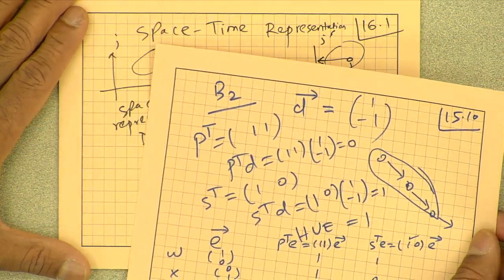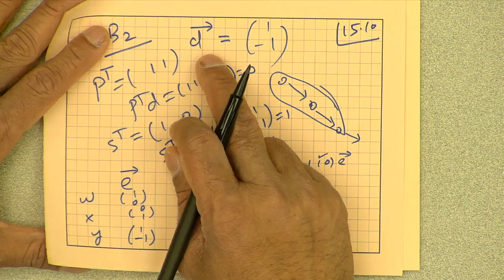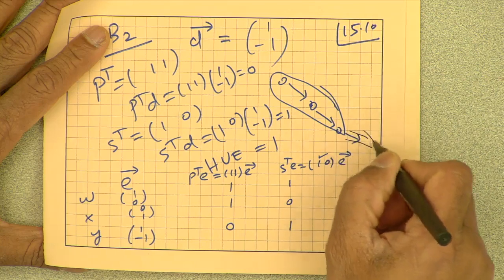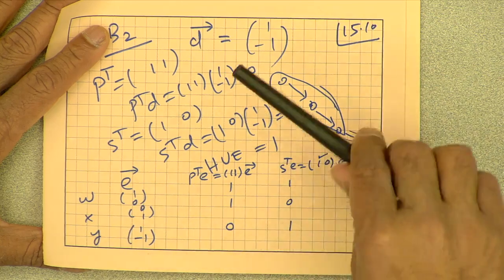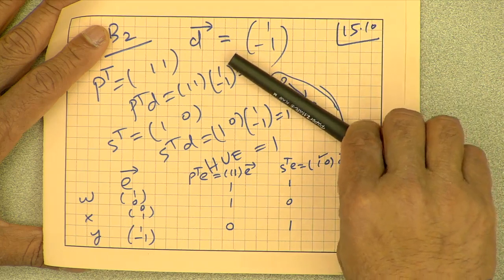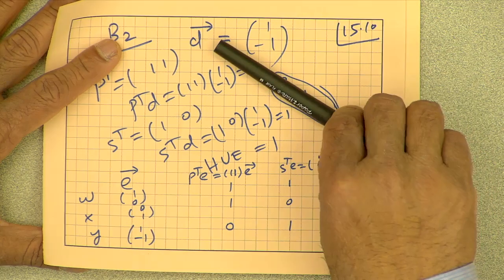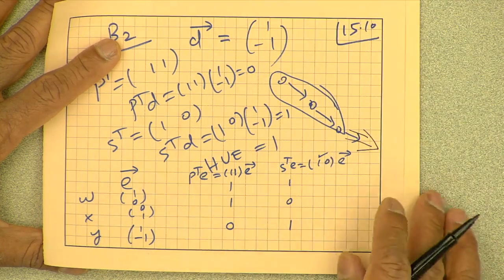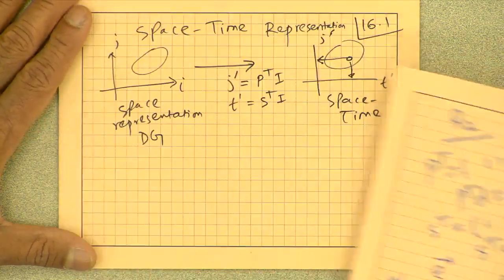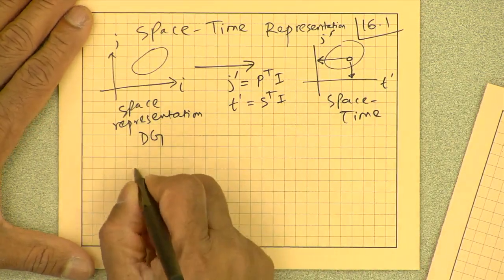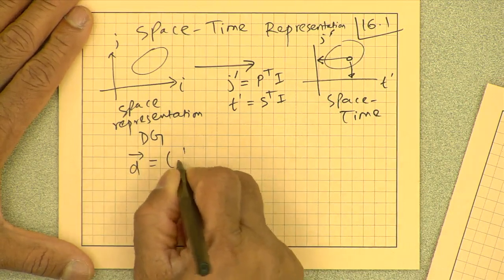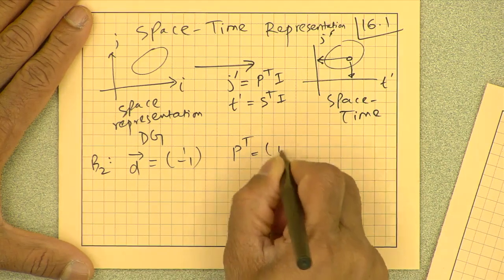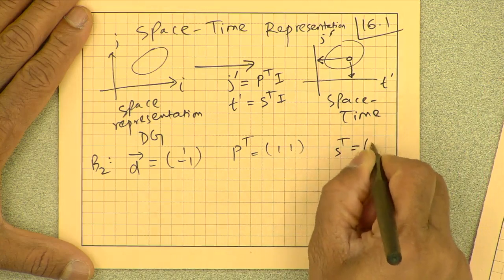As I explained to you, D is the projection vector, that means 1 minus 1, that's the direction in which we are projecting that dependence graph. All the nodes in those parallel lines will be mapped to unique processing elements. D is 1 minus 1, P transpose is 1 1, and S transpose is 1 0.